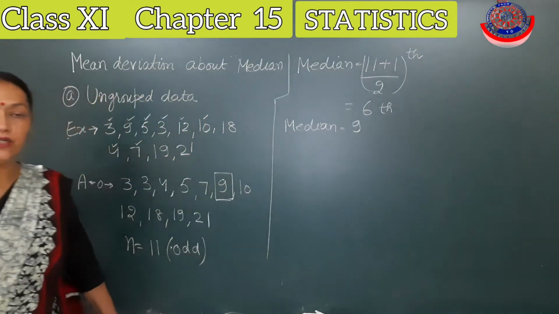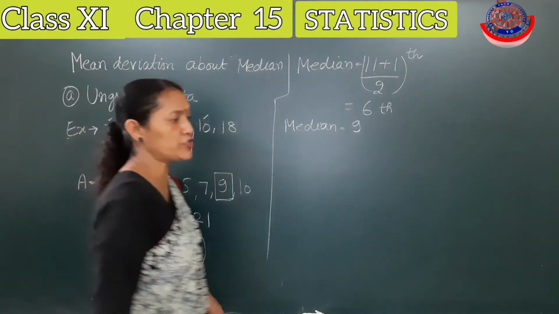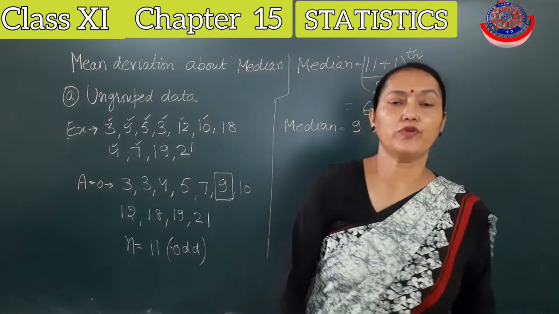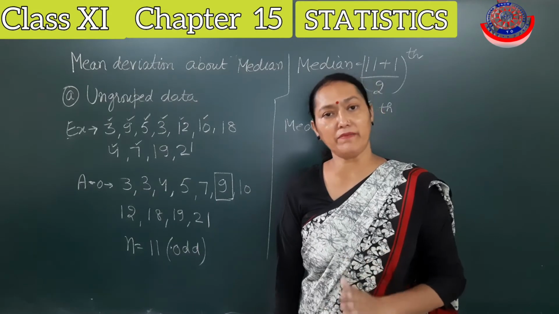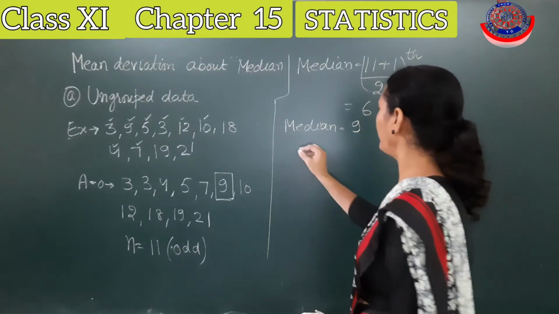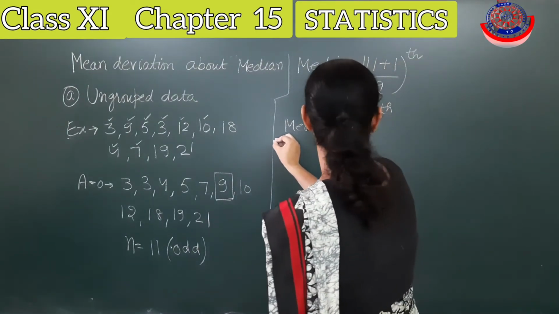Median we have calculated. Now for calculating mean deviation about median, we have to calculate deviation, means from each observation we will be subtracting the median. You can do it in the form of a table.